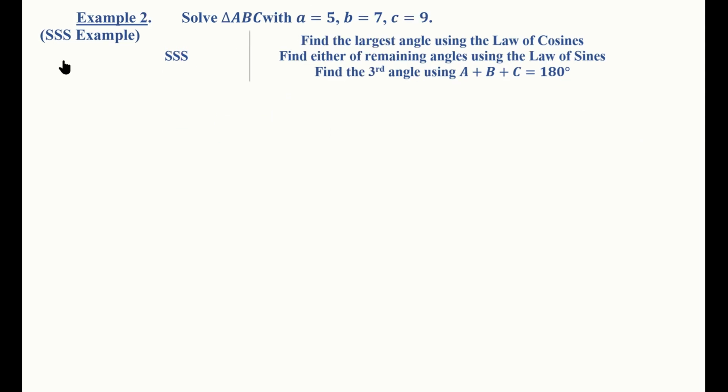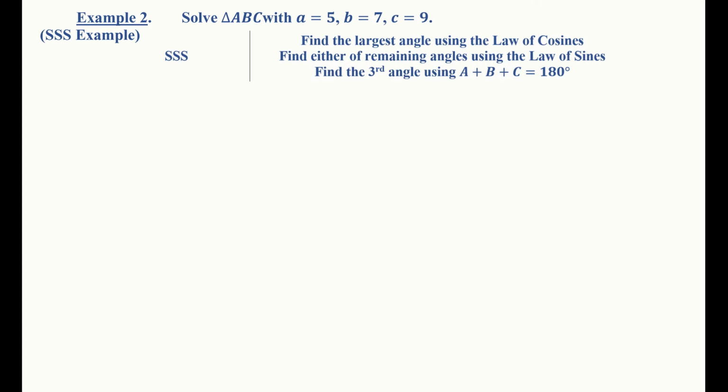All right, as you can see, this is an SSS type of example because we have all three sides and no angles. So basically we need to start by finding one of the angles using the law of cosines, and generally speaking, going with the largest is the safest way to go.